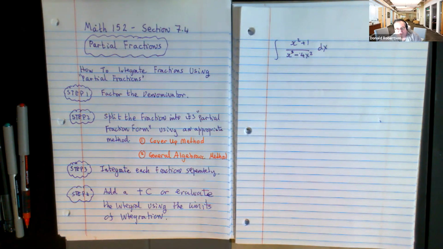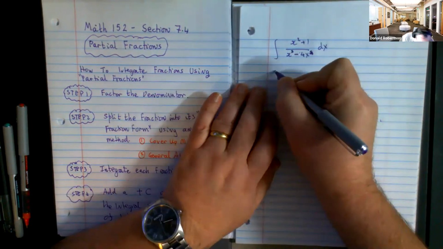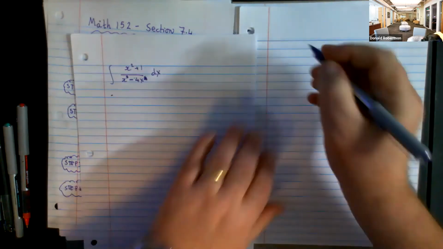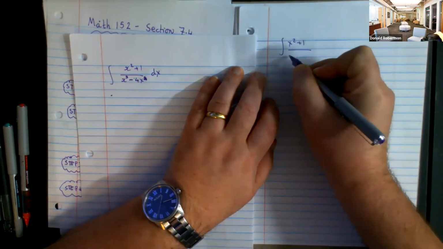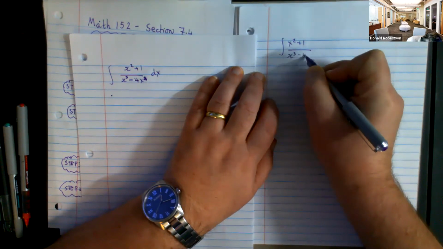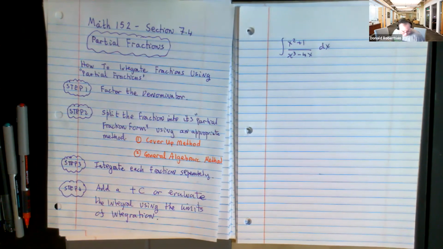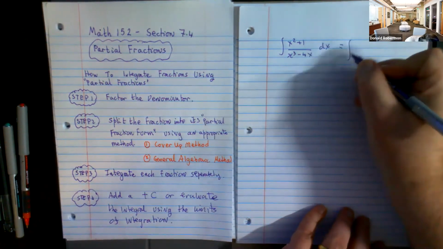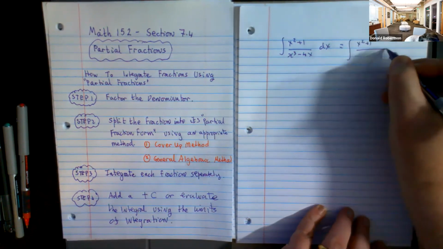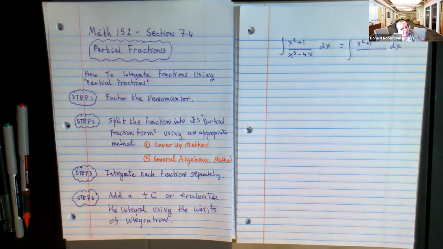Would you agree that the denominator needs to be factored? Right, which is step one. Okay, let's do it. What can I do to x cubed minus 4x as far as factoring goes?